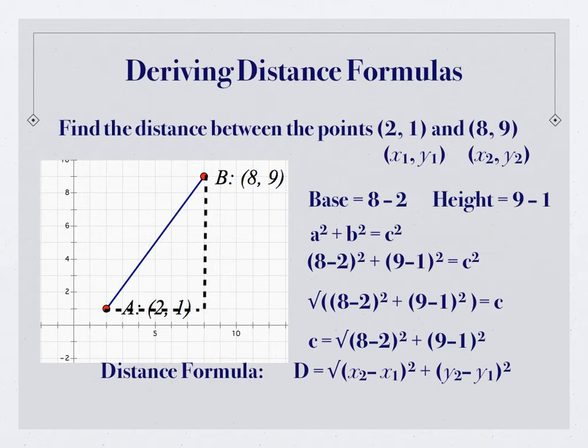So when you want to find the distance between points on the coordinate plane, it's the square root of x2 minus x1 quantity squared plus y2 minus y1 quantity squared. So that just helps me make sense of the distance formula.